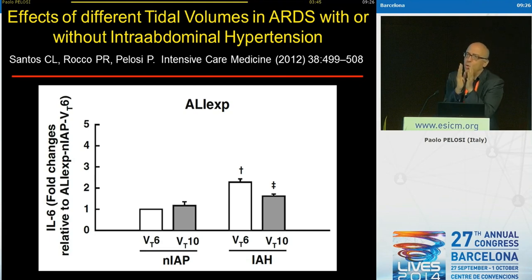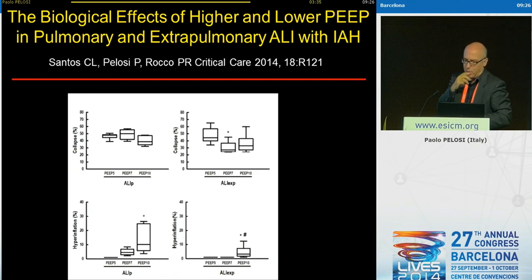So if we use too low inspiratory transpulmonary pressure in a condition of higher intra-abdominal pressure, this can promote further atelectasis and further damage.